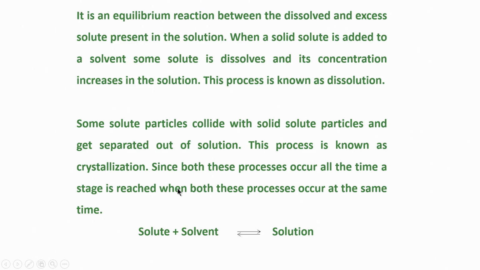Now, we have some sort of equilibrium solution, a reaction between dissolved and excess solute present. Sometimes what happens is you take solvent. I want you to imagine that you have 100 ml of water, you keep on adding sugar into that, it will dissolve, add more sugar, it will dissolve, add more sugar, it will dissolve, until a stage comes when it can dissolve no more sugar.